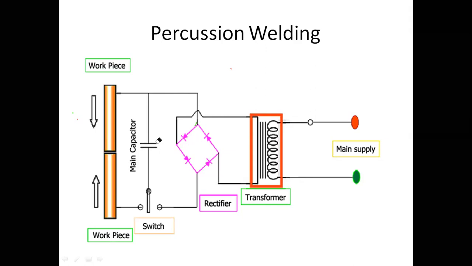The capacitor provides rapid discharge of the electrical energy which was stored in the electrostatic capacitor. That's why it is also called electrostatic welding. And then pressure is applied percussively. Means you have to apply pressure rapidly, not for a long time, not slowly.